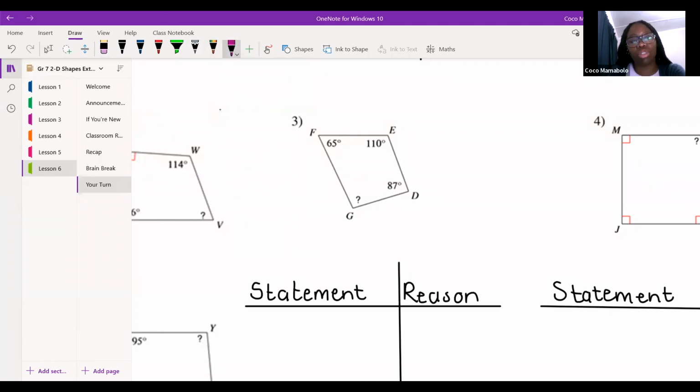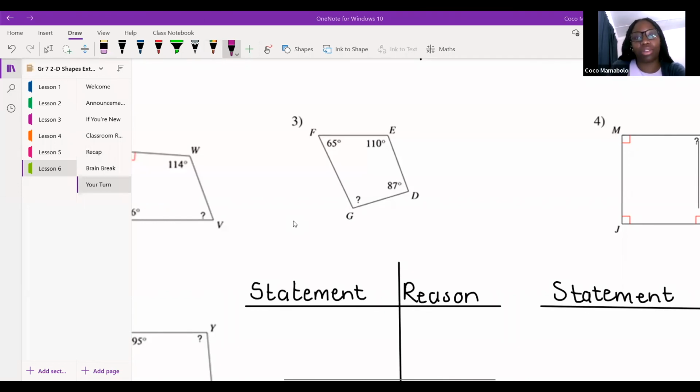Anybody else know? Guys, I know you can do it. What do you guys think? Okay, I'm going to do this one quickly. I know Roland knows the answer. Okay, let's give Mivuyo a chance. Mivuyo, can you do number 3 for me?